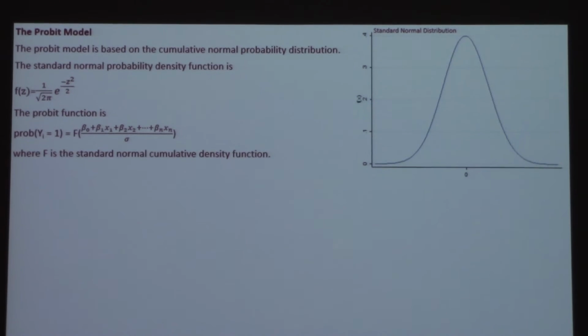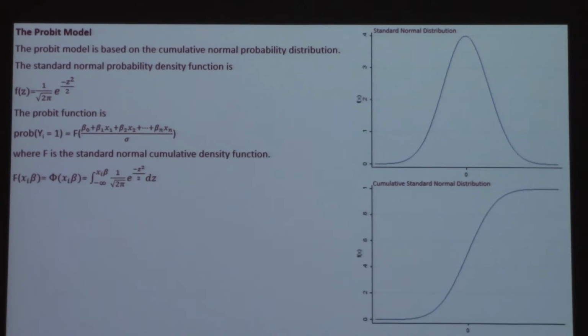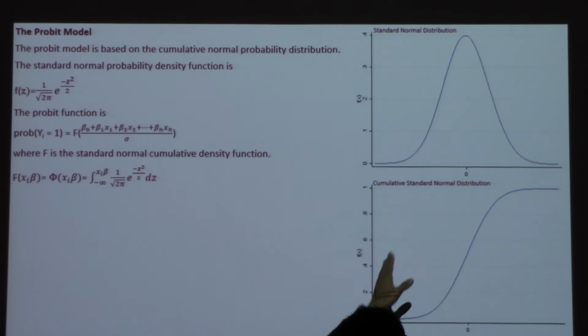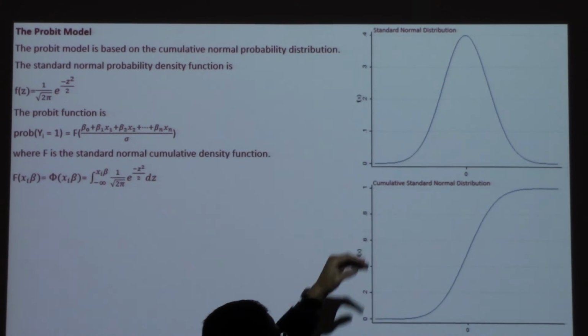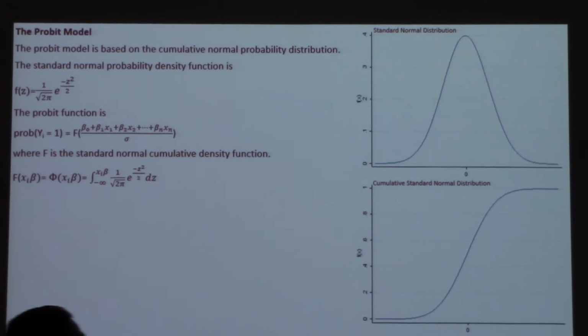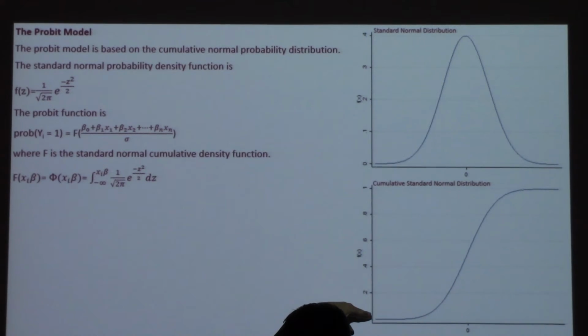And we're going to use the standard normal cumulative density function, which is basically the sum of the probabilities of our standard normal distribution. And they're going to sum up to 1, right? The entire area under the curve sums to 1, and that's what's happening here. So we get this nice S-shaped curve.